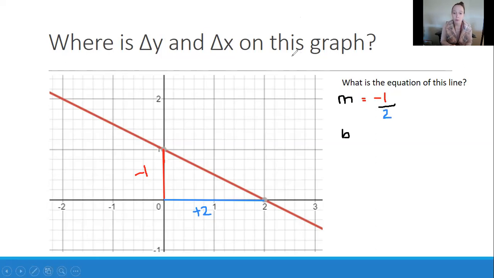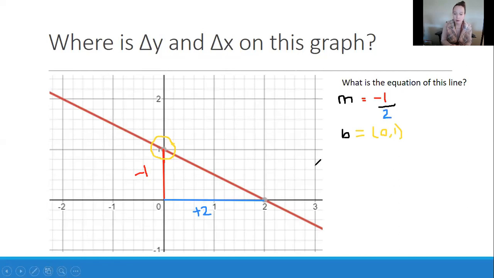So one ingredient down. The second ingredient that you need is the starting point, meaning where is x equal to 0? And b is a coordinate point. When x equals 0, we are at 1. Our graph crosses at 1. So now my equation of my line is going to be this.